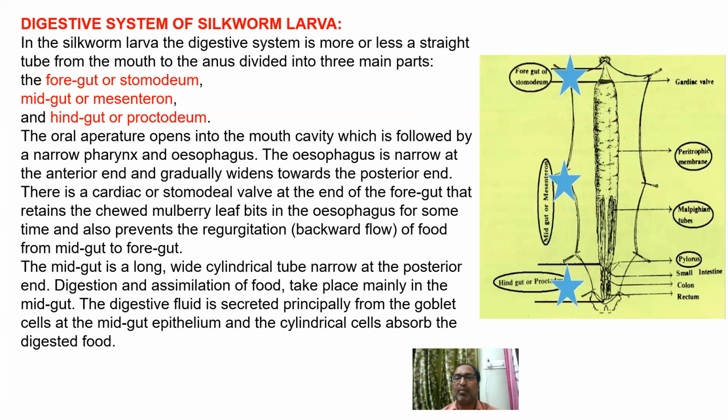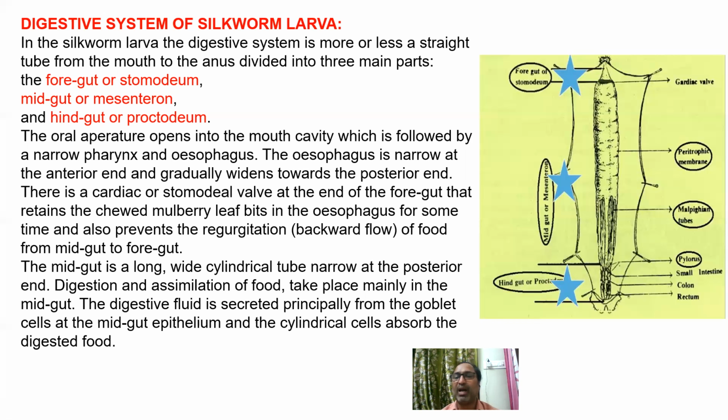So this valve prevents the bits of the leaf from entering the midgut for a while. It prevents regurgitation. Regurgitation means it may not go backwards; there will be no backward flow of food from the midgut to the foregut.